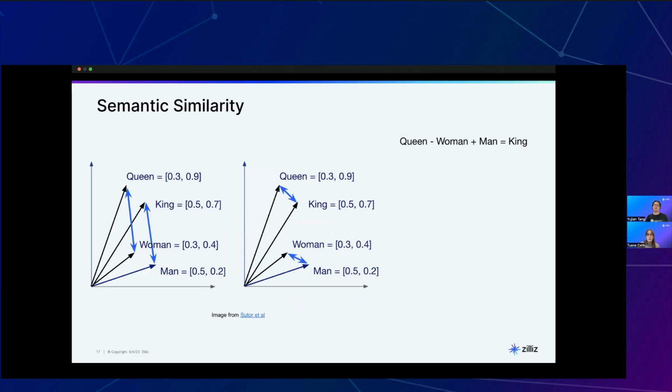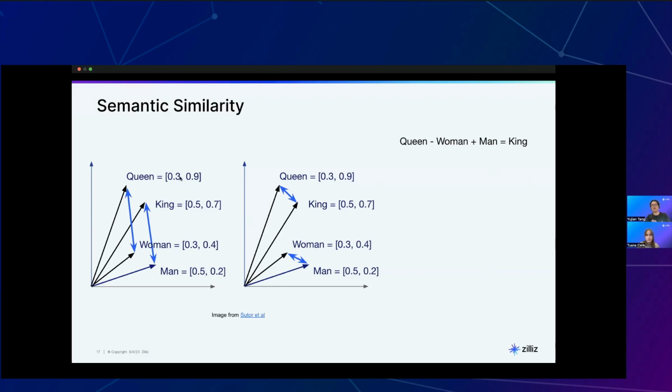But this is a pretty famous paper about semantic similarity, and it illustrates the idea very well. What I want you to get out of the next few slides is that vectors allow you to do math on things that aren't numbers. In this example, it's going to be math on words. The example I'm going to show is queen minus woman plus man equals king. So let's take a look at these.